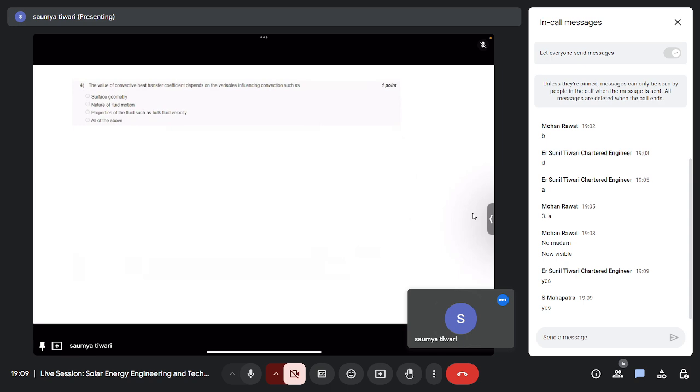So the next question is, what is the value of convective heat transfer coefficient? The value of convective heat transfer coefficient depends on variables influencing convection, such as which of these factors influence the convective heat transfer?